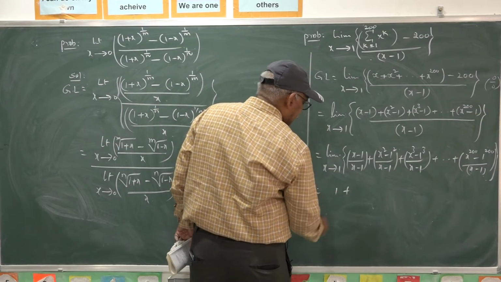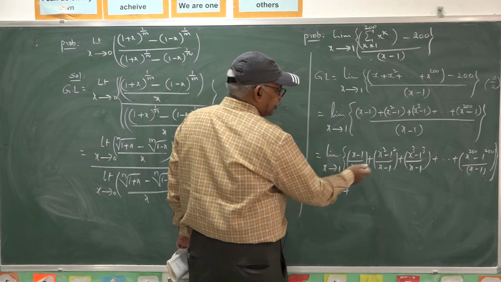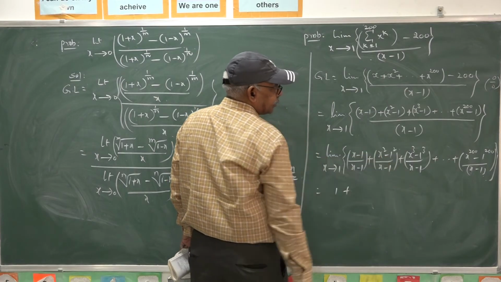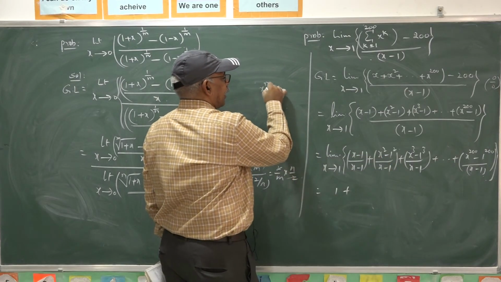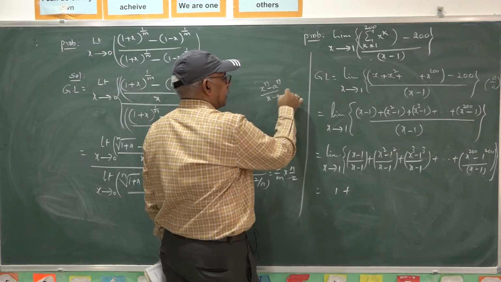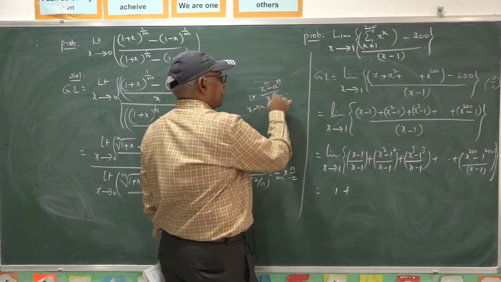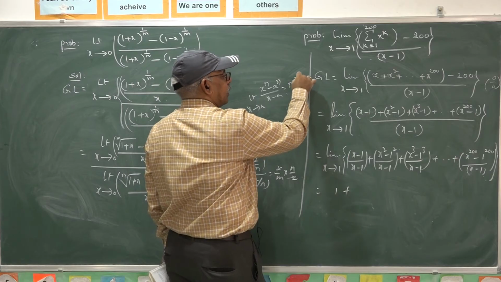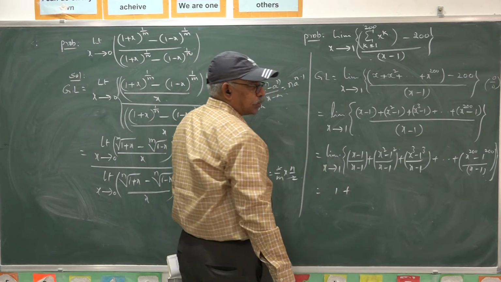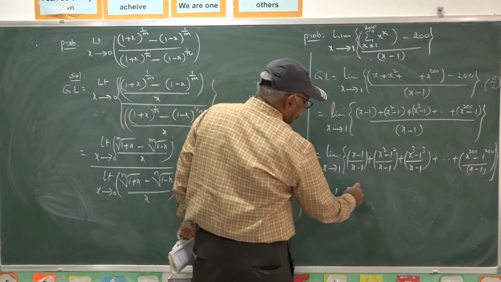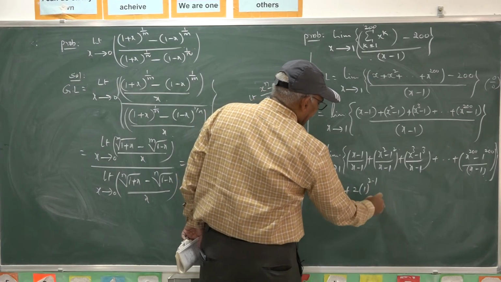So, 1 plus, as limit x goes to 1, x square minus 1 square by x minus 1, using the formula x power n minus a power n by x minus a, as x goes to a, that is n into a power n minus 1. Here clearly a equal to 1, n is 2. So, 2 into 1 power 2 minus 1.